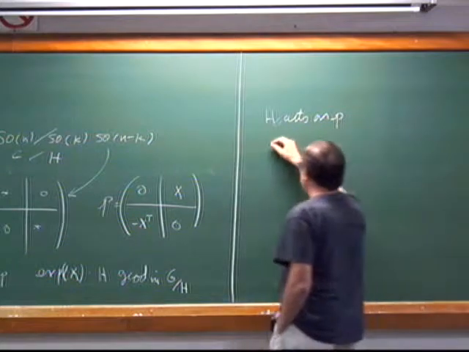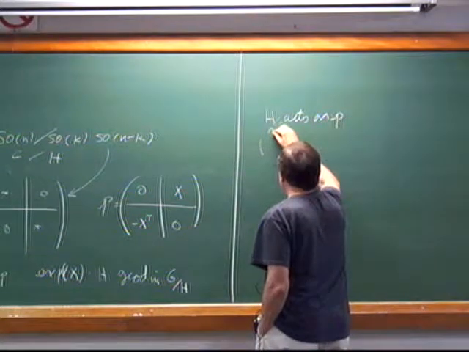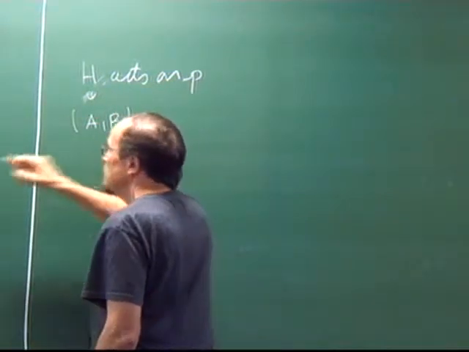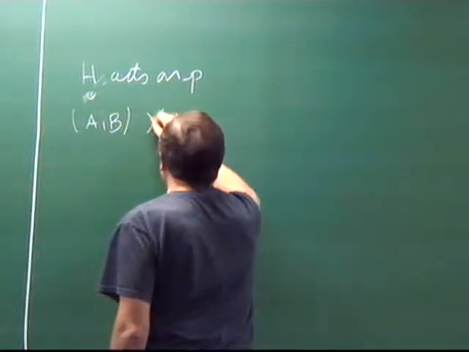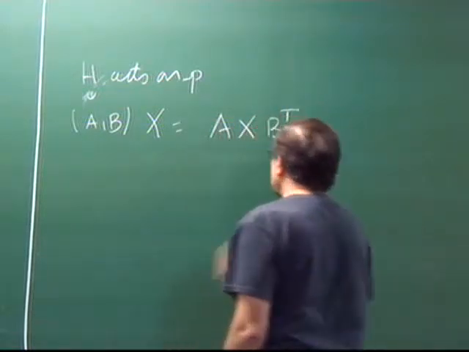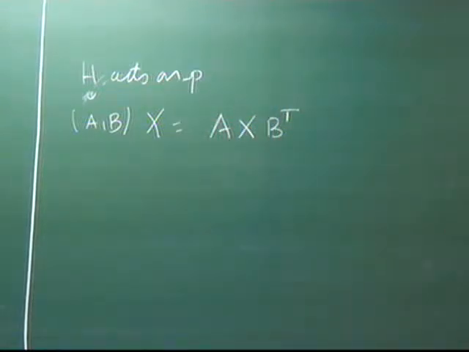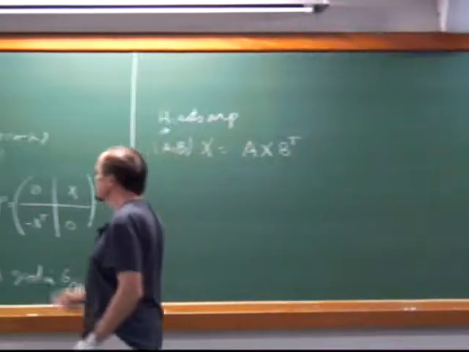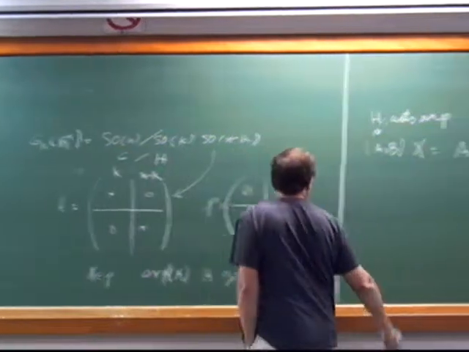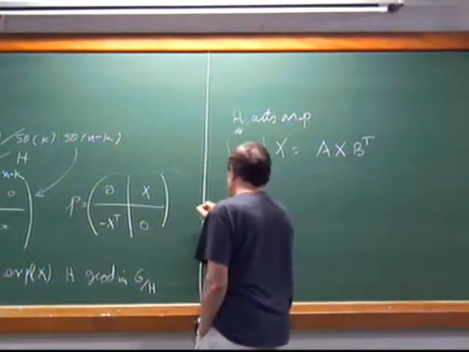So H acts on P via, so an element in here, of the form (A, B). These are orthogonal matrices. And on X, this gives me A X B transpose. And X is now a k by n minus k matrix.